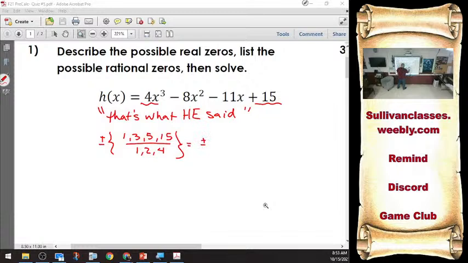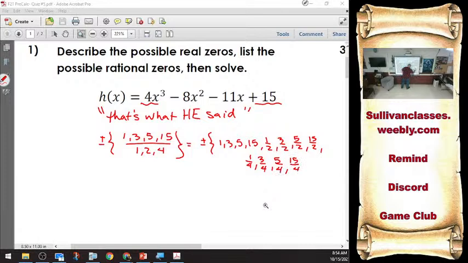It is plus or minus all that stuff over 1, all that stuff over 2: 1 half, 3 halves, 5 halves, 15 halves. All that stuff over 4: 1 fourth, 3 fourths, 5 fourths, 15 fourths. Whew! And that is your possible rational zeros.